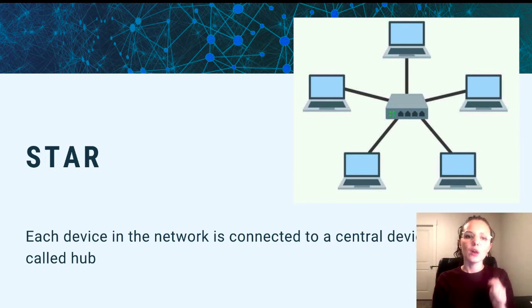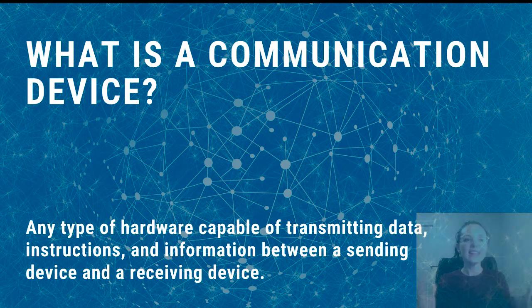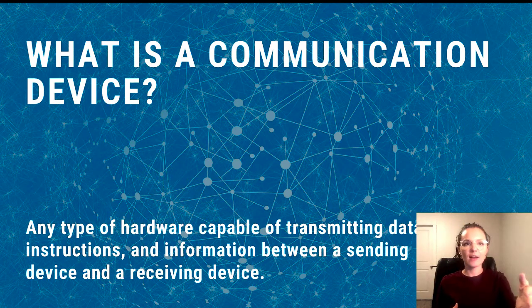So now let's talk about all the different network devices, and we have a lot to get through, so we're going to plow through these. What is a network communication device? It is any type of hardware capable of transmitting data, instructions, and information between a sending device and a receiving device. Kind of like how we have a post office, mail person, mail truck, mailboxes, and soon we'll all have mail drones.